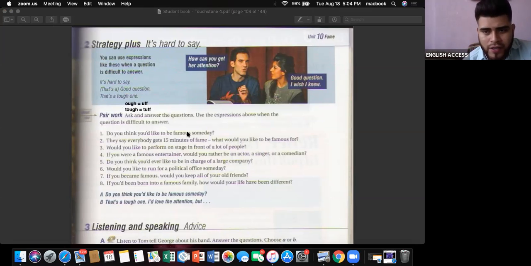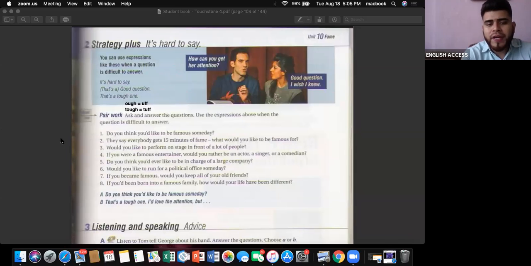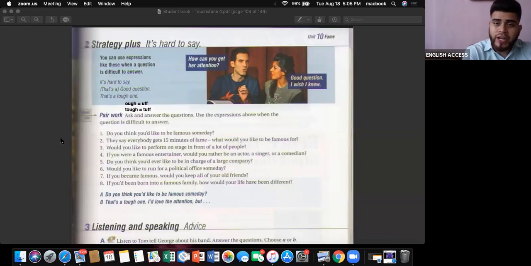So, Yasmin, can you read the instructions for pair work, please? Ask each other the questions. Use expressions above when the question is difficult to answer. Okay, I want you to take 2 minutes to read the questions, only read, and tell me if you understand every question or not. Okay? Go ahead, take 2 minutes.